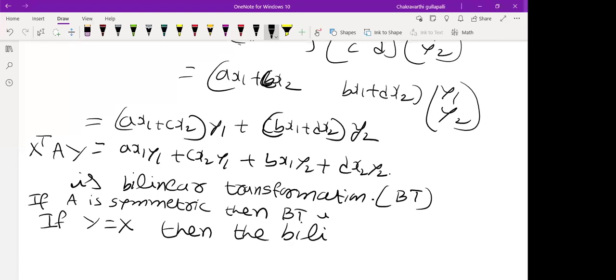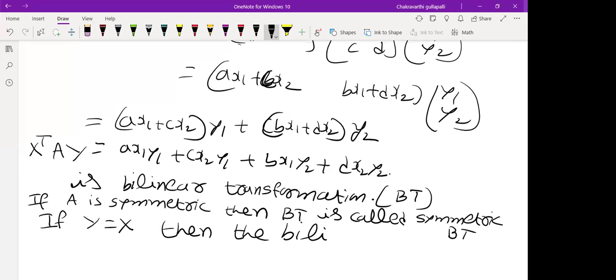It is called symmetric bilinear transformation. In general, A need not be symmetric. It can be anything. If it is symmetric, then that bilinear transformation is what is called symmetric bilinear.